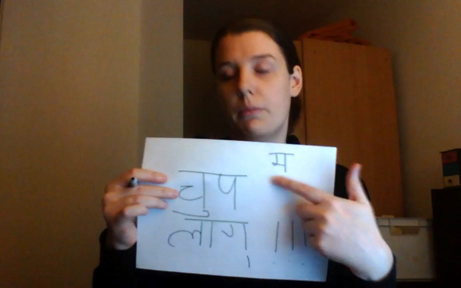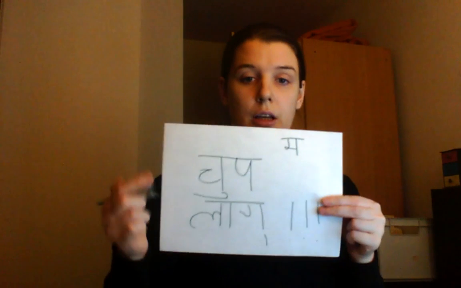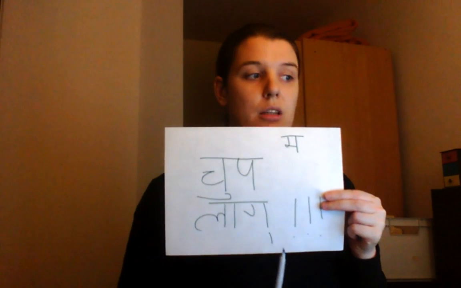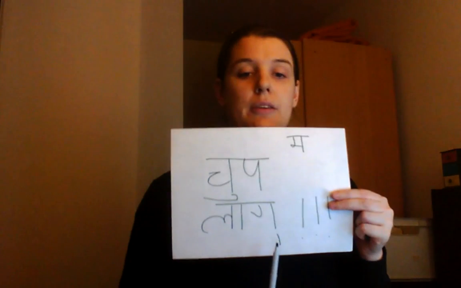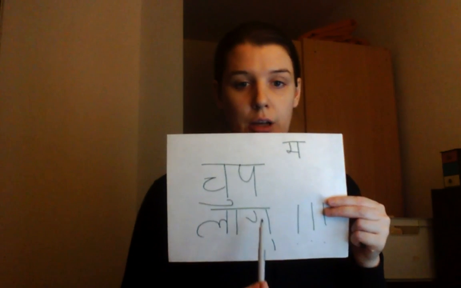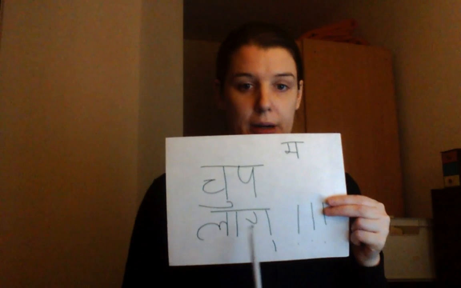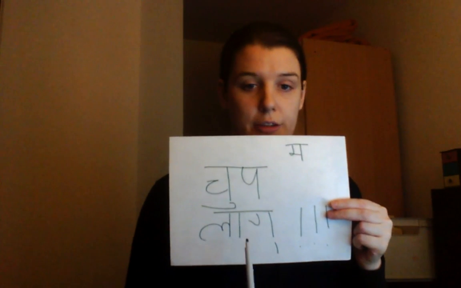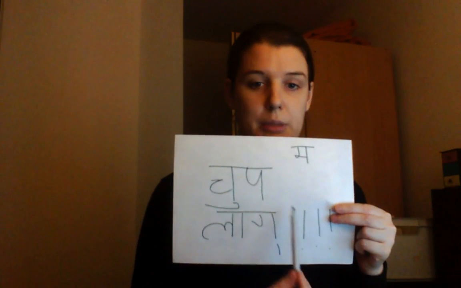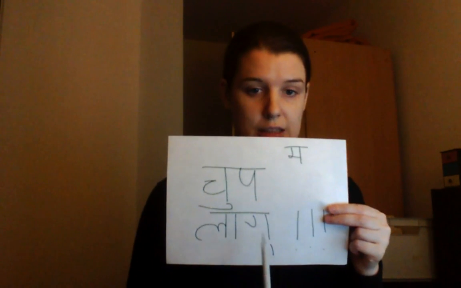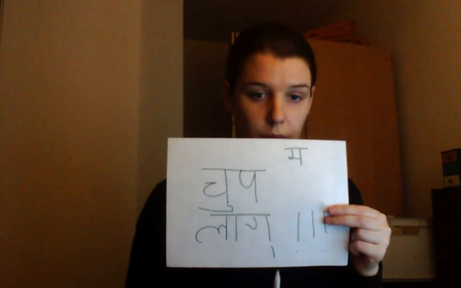Like for example this letter mo, it also stands by itself as the word mo. So the rule really says that whenever the vowel after the consonant is cut off, may that be because there is another consonant following, or in this case that the word ends there, you use this sign underneath the consonant.